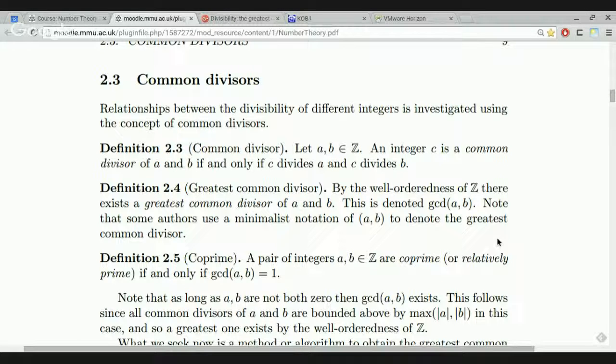Yeah, there's plenty. 2 is a common divisor. Anything else? I think 7 is as well, yeah. Any other number that's both a divisor of 210 and 98? Well, because 2 and 7 are, you can automatically make another one then, can't you? 14. So you can multiply the 2 and the 7 together.